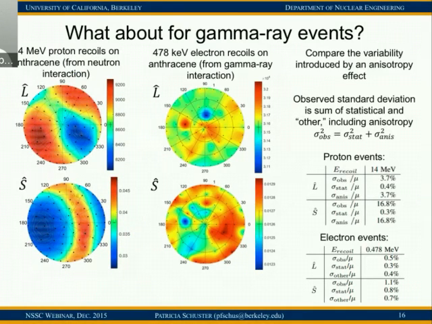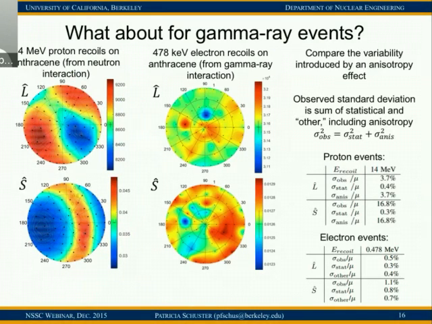Right, so from the proton events, the relative standard deviation contributed by the anisotropy for light output is 3.7%, and for pulse shape is 16.8%. And for electron events, that is for light output only 0.4%, and for pulse shape only 0.7%.